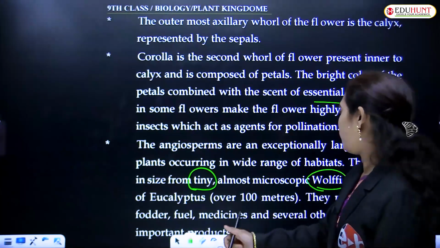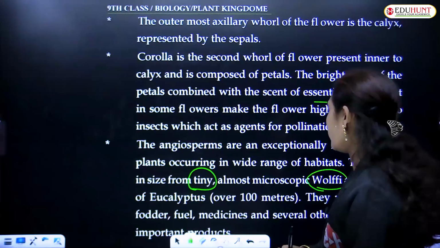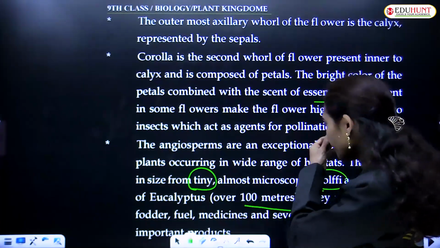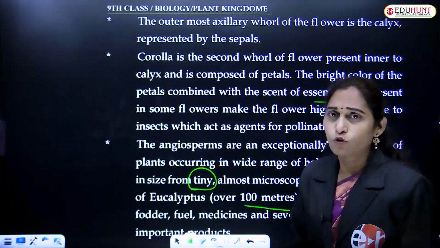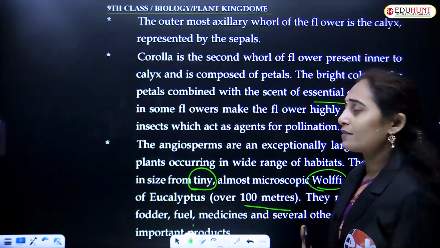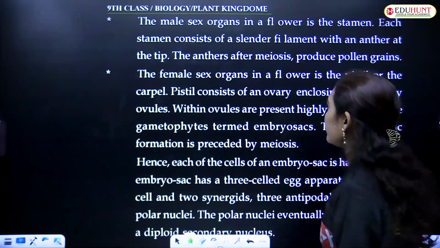They provide food, fodder and fuel, medicines and several other commercial products which are important for mankind.